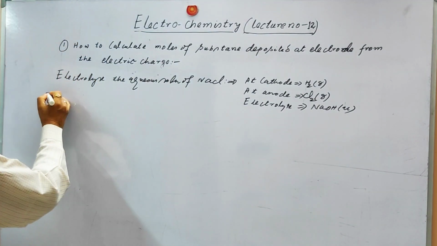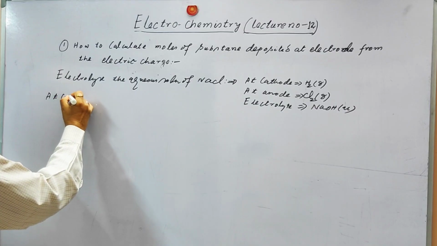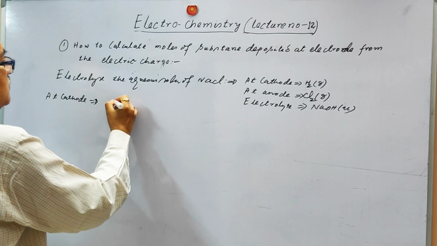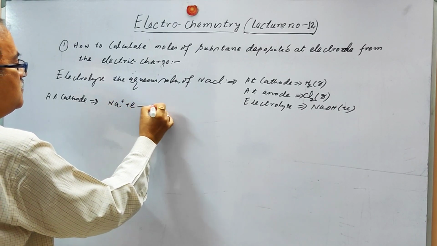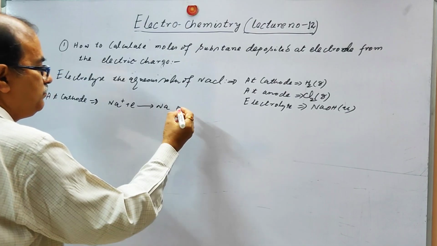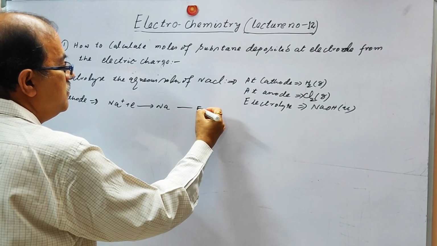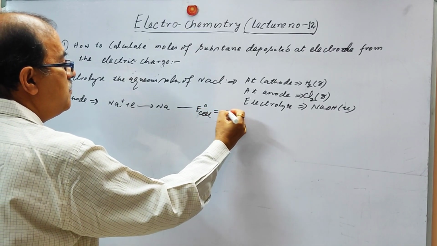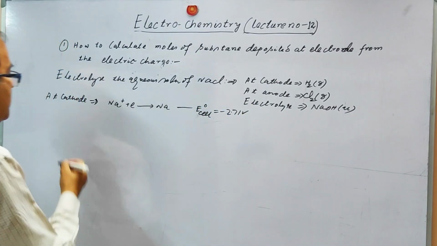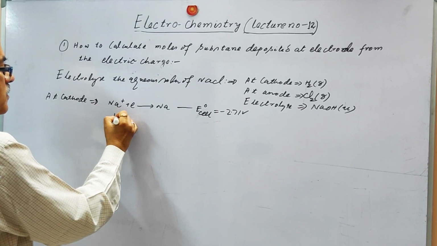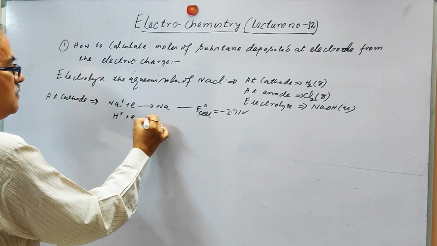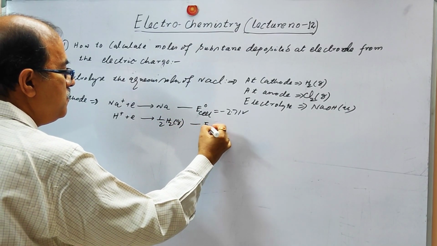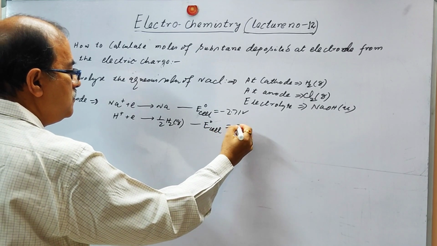So what is going to happen at the cathode? At the cathode there is a competition between two reactions. Na+ plus e gives Na, with E° equal to -2.71 volt, and another reaction, H+ plus e gives half H2 gas, with E° equal to 0.